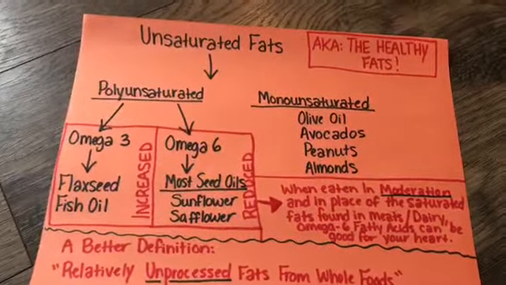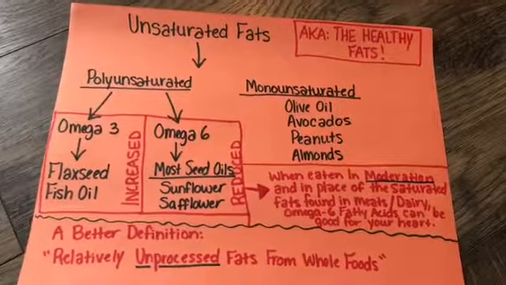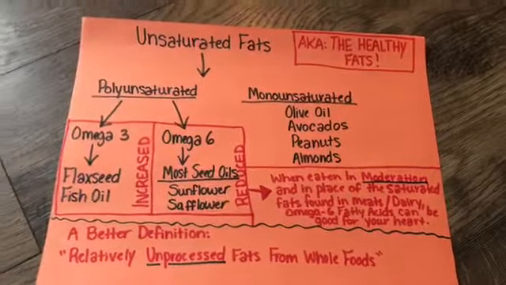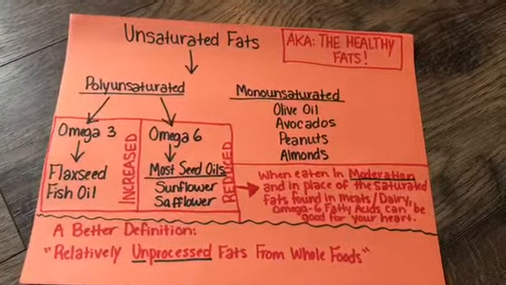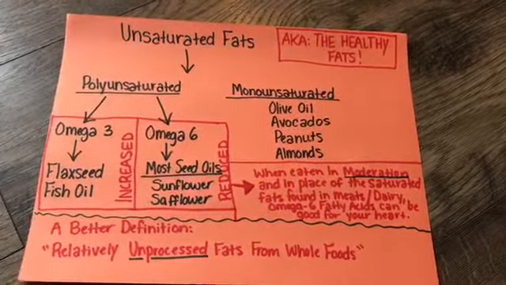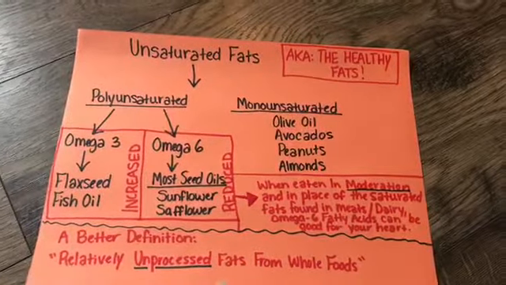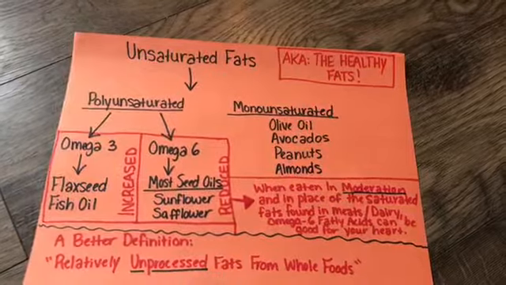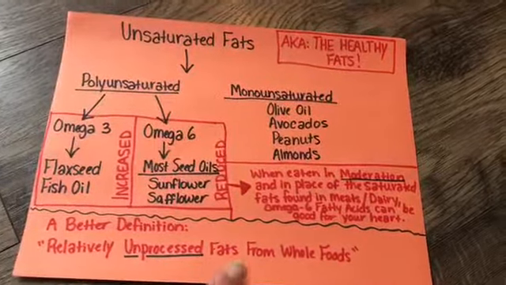That would easily make a healthy fat turn into an unhealthy fat pretty fast. Okay, because of just the amount you're taking into your body in one sitting. So a better definition of unsaturated fats would be relatively unprocessed fats from whole foods. Okay, so relatively unprocessed fats from whole foods.